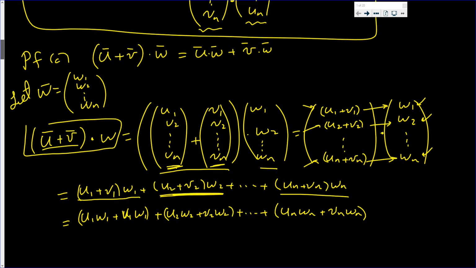And now I'm adding many numbers. In fact, 2n numbers I'm adding. And the order I add them in is up to me. I want to add that one and then that one, all the way up to that one first: u1 w1 plus u2 w2, all the way down to un wn.